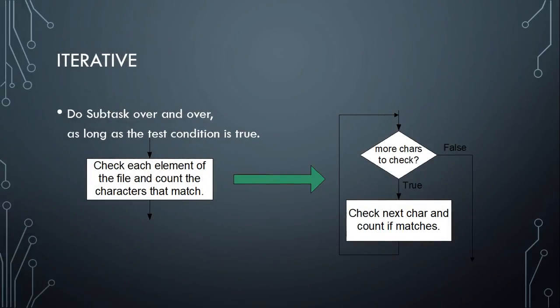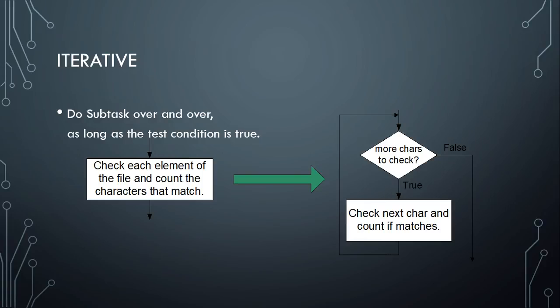And then we have iterative. This is really getting more to a looping count, and loops are wonderful things. We have to do a lot of things over and over and over again. So this is doing subtasks over and over as long as the test condition is true. So we check the element of the file and then count the characters matched. So we ask, are there more characters to check in the file?